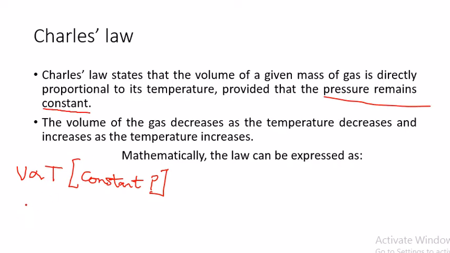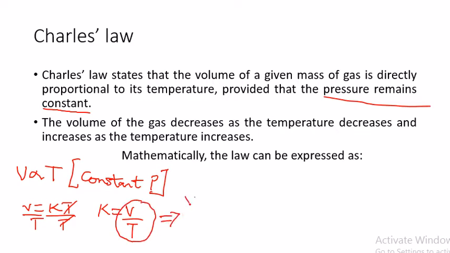So when we express this further, we have V equals KT. If you make K the subject by dividing both sides by T, K equals V over T. Then from this expression, we deduce Charles' law's formula that says V1 over T1 equals V2 over T2.